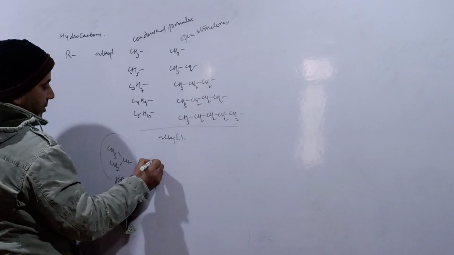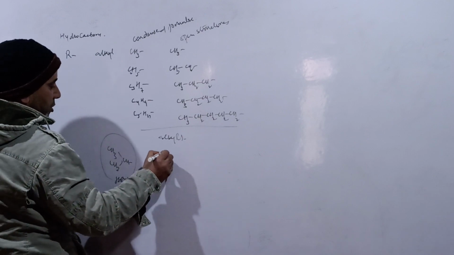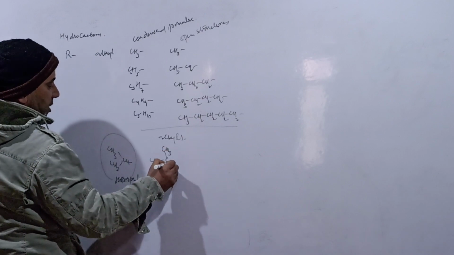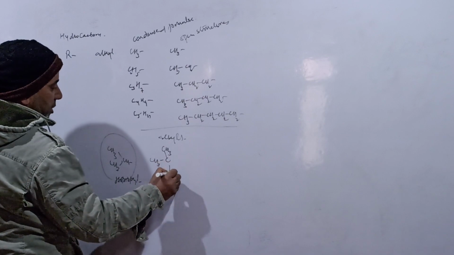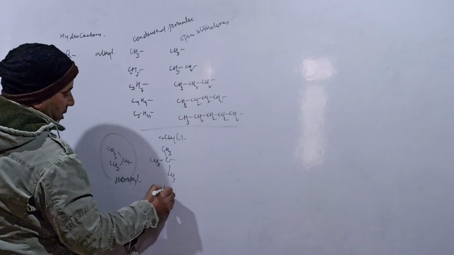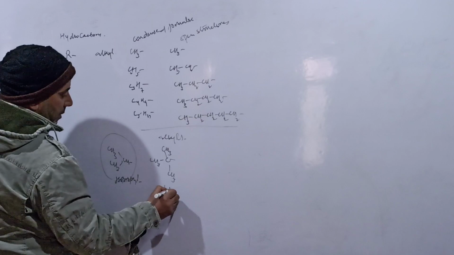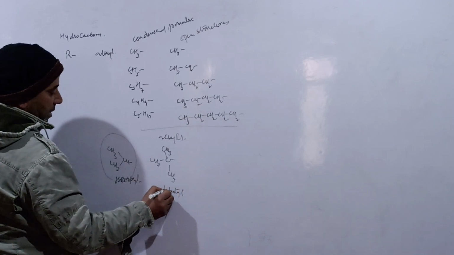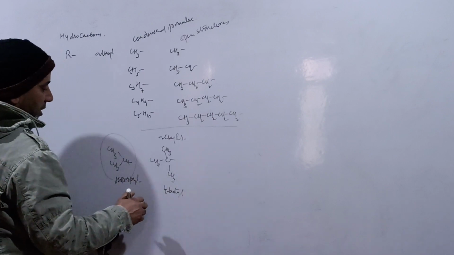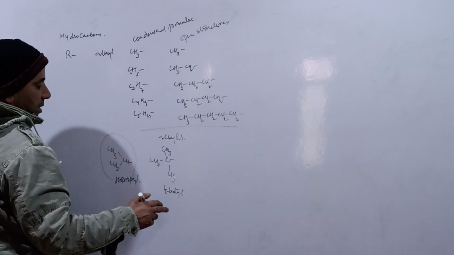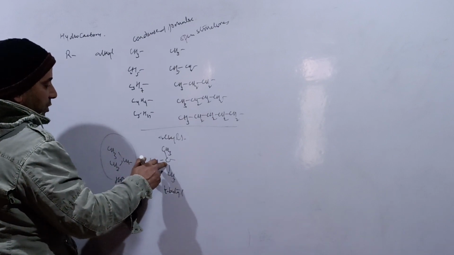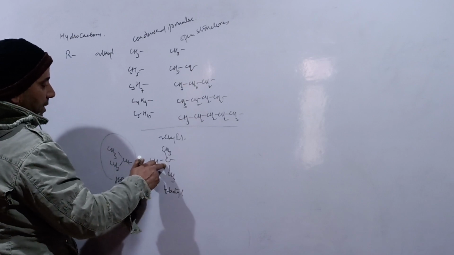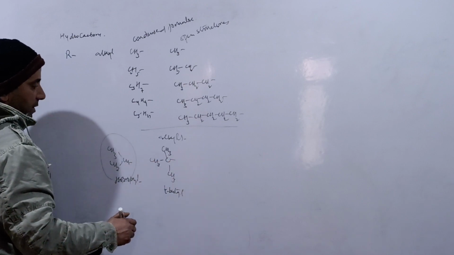And similarly, this can be CH3, C, with CH3 upward, CH3 downward, and a single bond. This can be t-butyl. This is a small t, and dash butyl means tertiary butyl. Tertiary butyl contains a carbon atom without any hydrogen atoms, and this has a single bond with it.